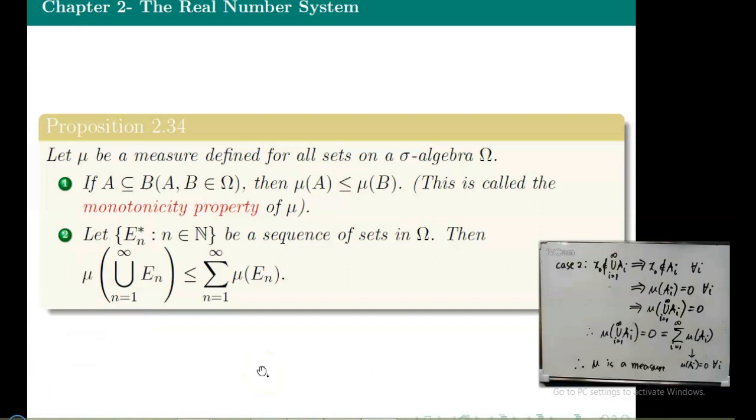Note here that each set here, A sub n star, is in the collection sigma algebra, and the sets in the collection are not necessarily pairwise disjoint. And so we could have here less than, or it could be equal.